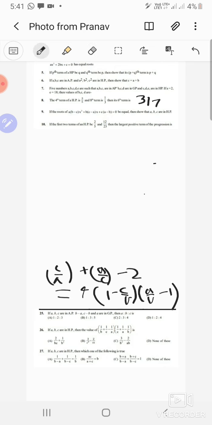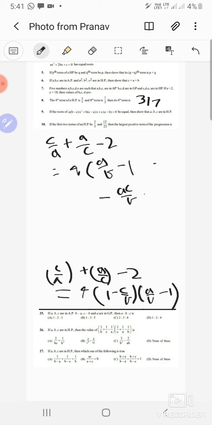I don't know what's going to come, so let's just see what happens. c upon a plus a upon c minus 2 is equal to 4 into, let's expand this. So you will have a upon b minus 1 and then minus c upon b into a upon b, that is ac upon b. Okay, and then plus c upon b.